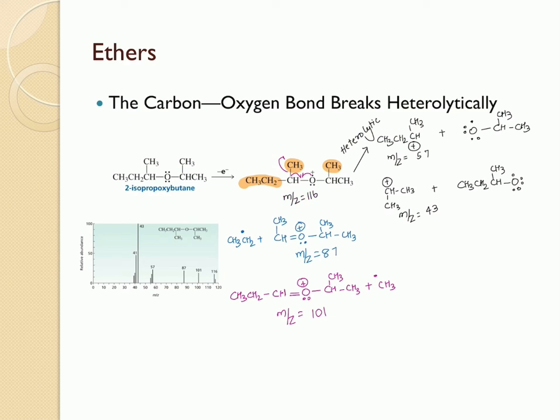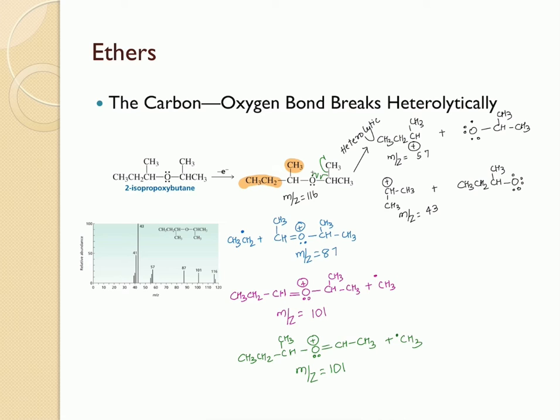Let's go on to the third alpha cleavage. Now we are going to remove this CH3. If you remove this CH3, this bond is going to break. This is going to come in here. This unpaired electron is going to come here. So let's write down that fragment with the loss of methyl. Since here again there is a loss of methyl, this fragment is also going to have an M/Z value of 101.